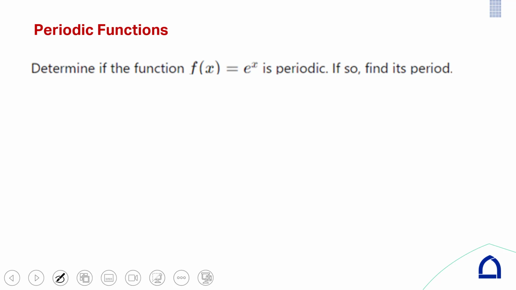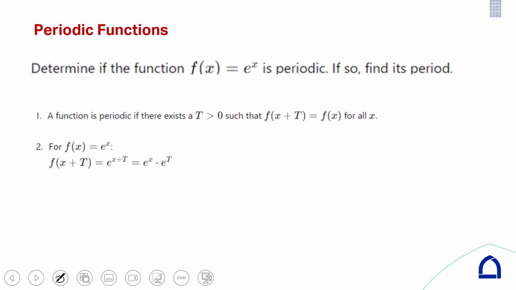Now, is the exponential function periodic or not? Let's check. How to check? You consider a constant t bigger than 0 and you plug in x plus t in place of x and you check whether you have the same function or not. We know from the power rules that e to the power x plus t is e to the x times e to the t, right?